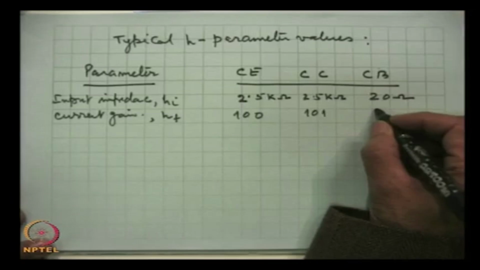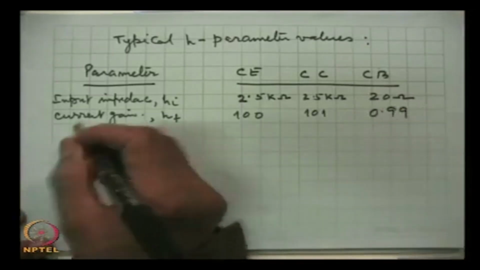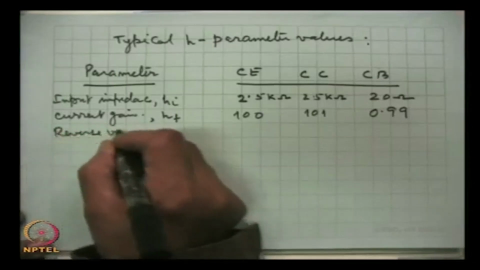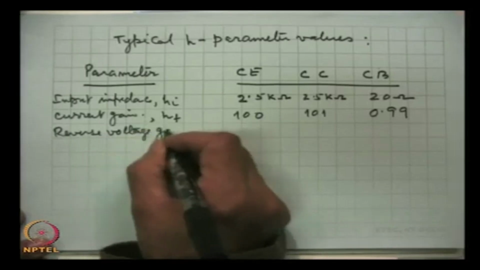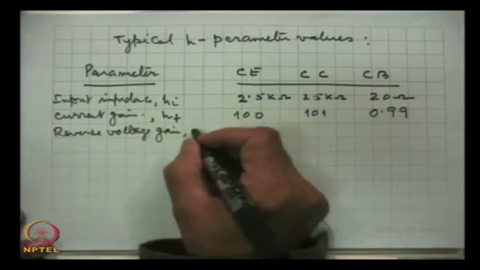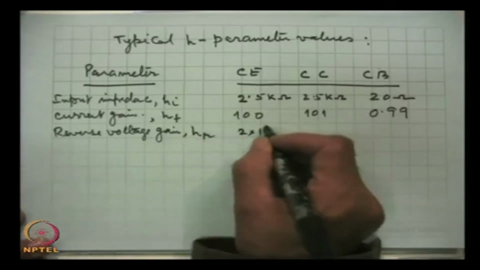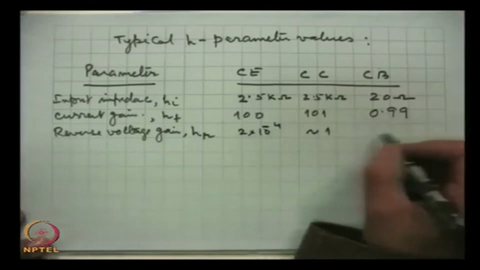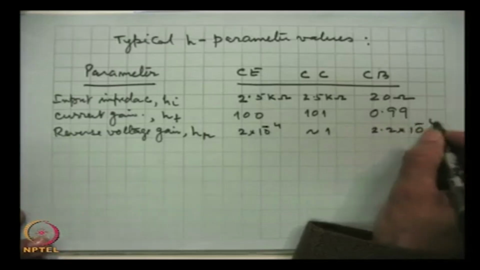So, this is 0.99. And reverse voltage gain, which is Hr, is a very small quantity, 10 to the power minus 4, here it is around 1, and here also 2.2 into 10 to the power minus 4.